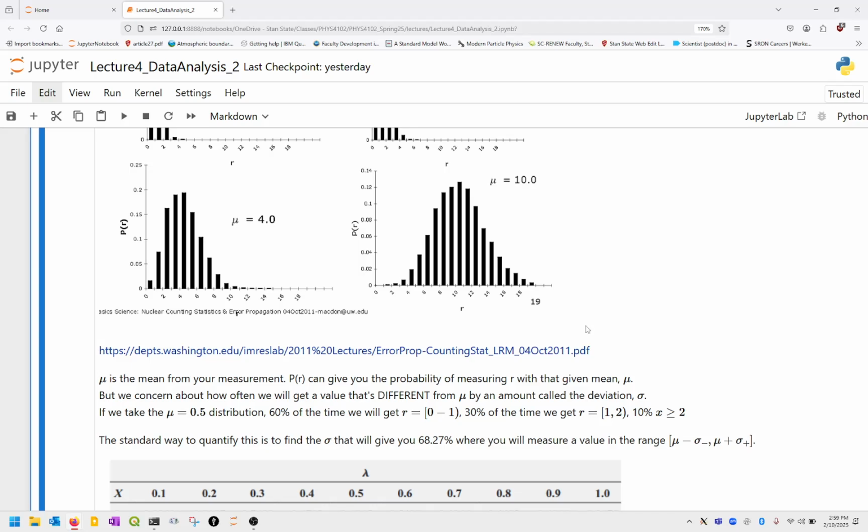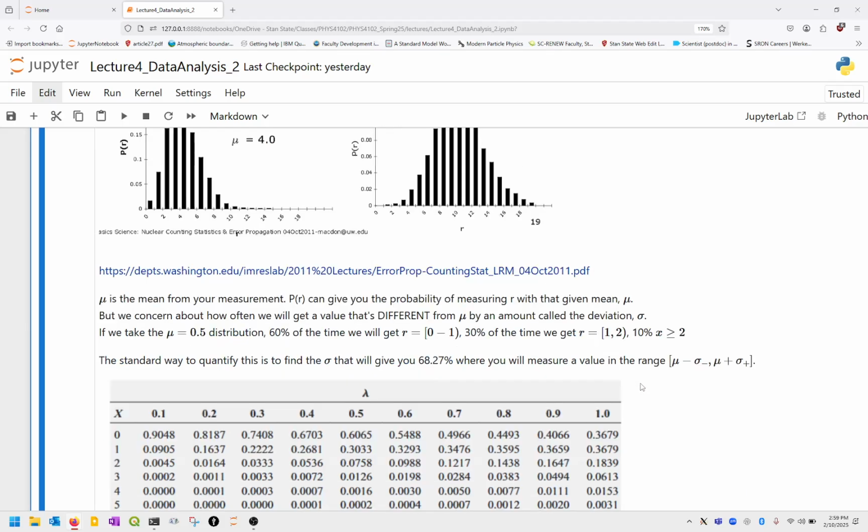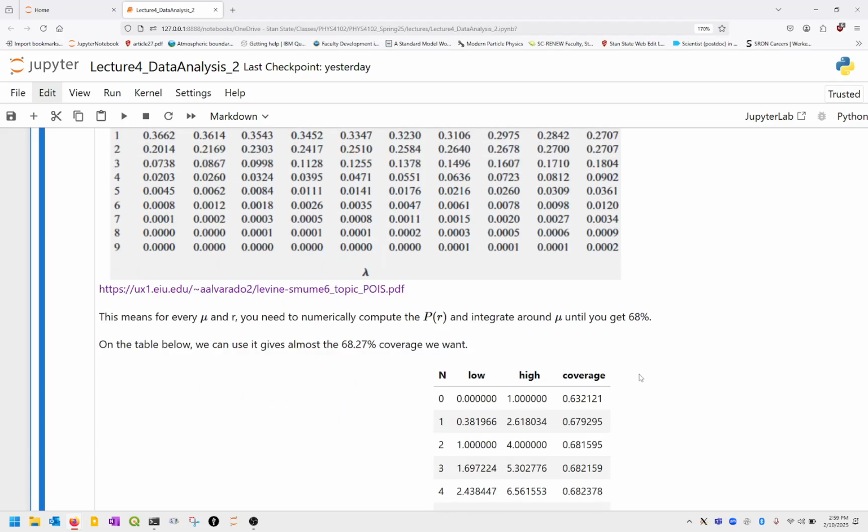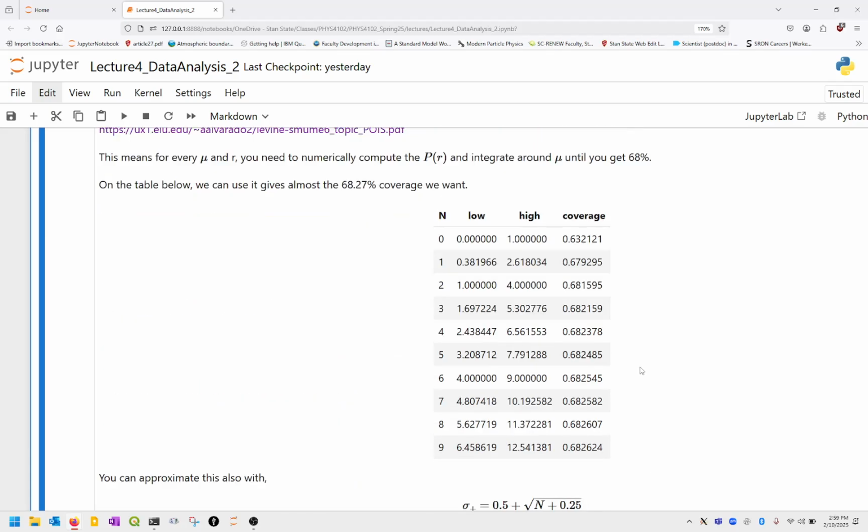This is what's known as a standard deviation, something we pick in order to make it standardized. We're going to see why this 68% is useful, because it's going to be a parameter inside the normal, the Gaussian distribution, instead. But the goal is to get to 68% if you use this sigma plus, sigma minus method down here.